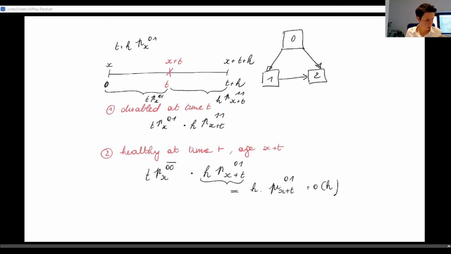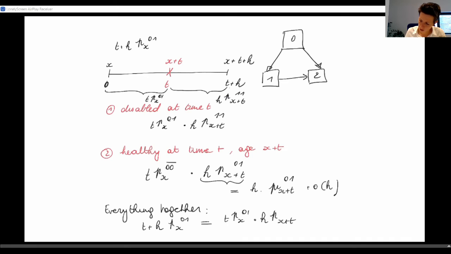Okay, so in total, if I put everything together, I can say in the permanent disability model that t plus h p_x^{01} is equal to t p_x^{01} multiplied with h p_{x+t}^{11} plus t p_x^{00} multiplied with h mu_{x+t}^{01} plus a little o of h. And that was exactly the expression that this example asked us to look into.